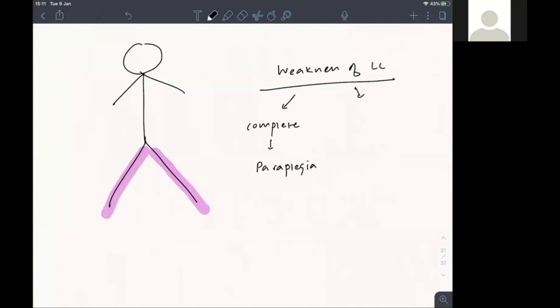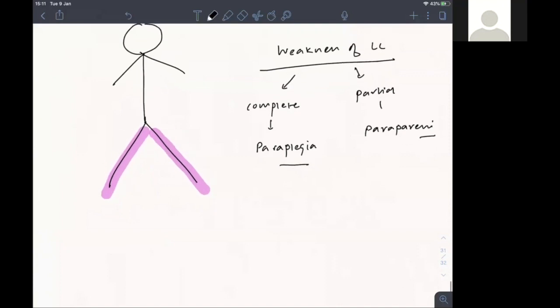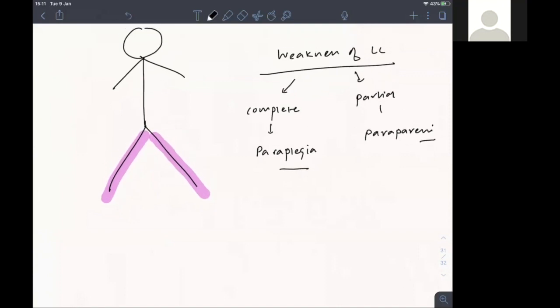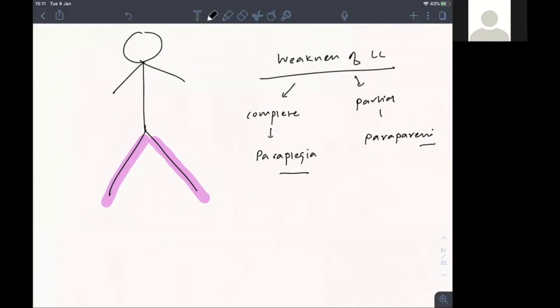And if it is partial, then it is known as paraparesis. But the difference between these two is just in the severity or the grading of the illness. The rest of the approach remains the same in both of these conditions.